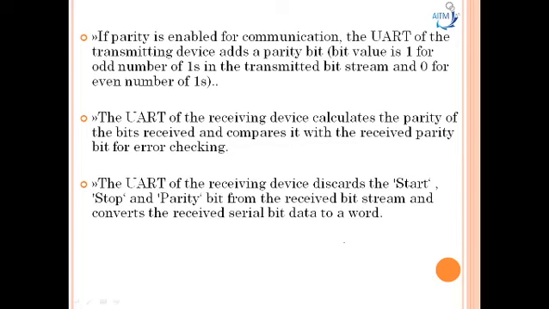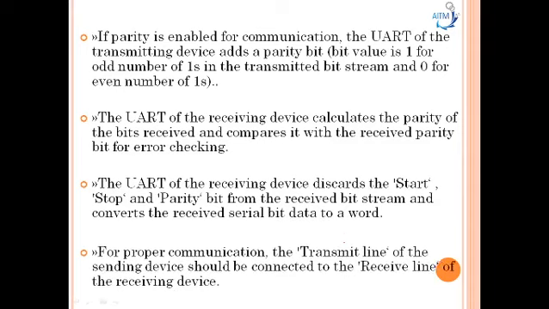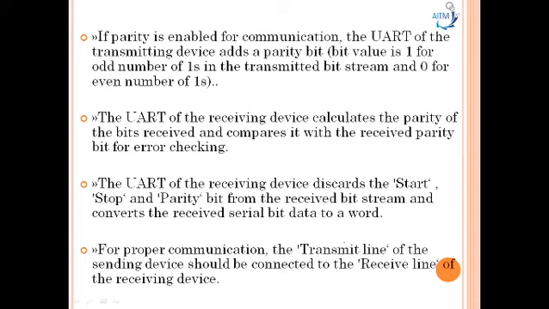The UART of the receiving device discards the start, stop and parity bits from the received bit stream and converts the received serial bit data to a word here. For proper communication, the transmit line of the sending device should be connected to the receiving line of the receiving device.